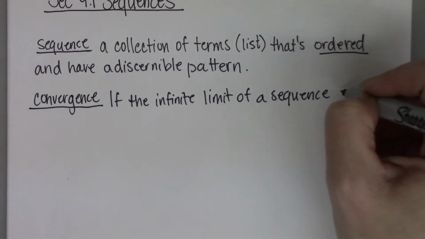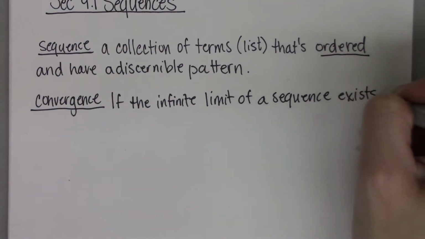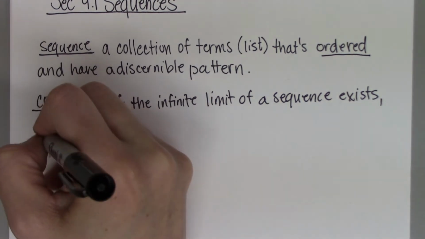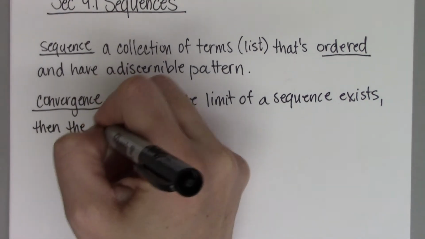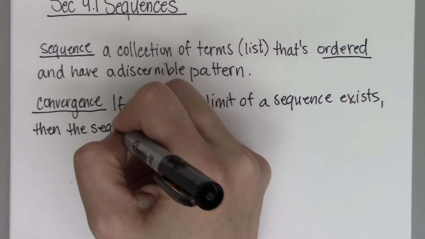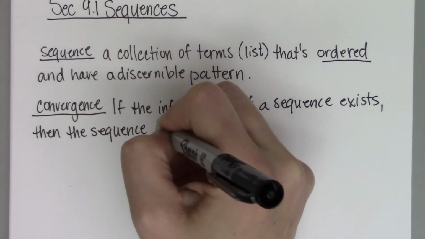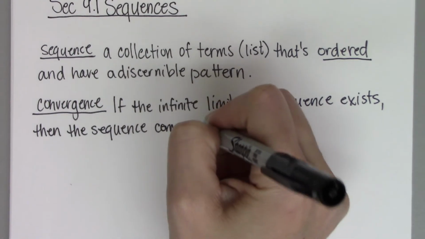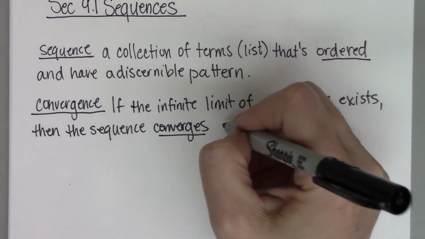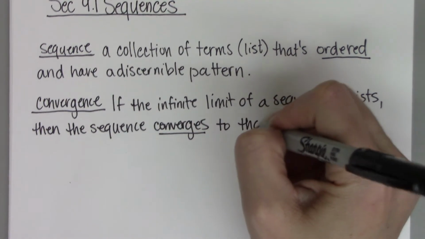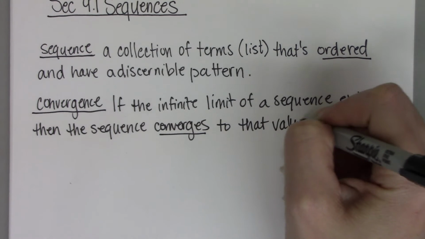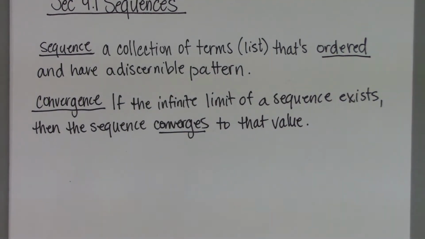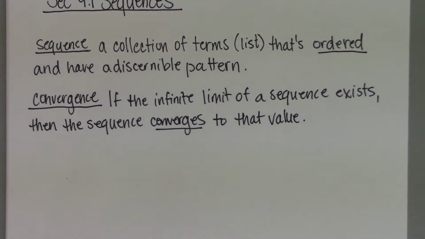So of a sequence exists, then the sequence converges to that value, right? So if we want to check a sequence for convergence, we'll look at the limit as n goes to infinity. If we get an answer, then we'll conclude that the sequence converges to that value.